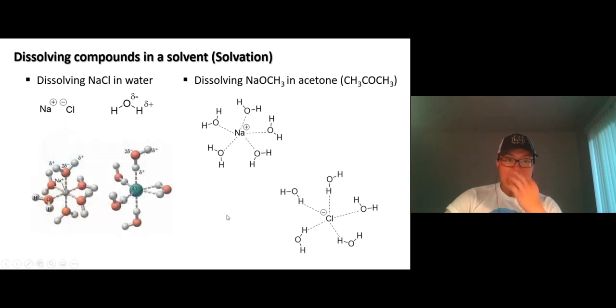All right. So in reality, you don't need to know this, I'm just showing you. I took a picture from Gen Chem 2. Each sodium ion is surrounded by 6 waters, looking like an octahedral structure. Same thing with chlorine: 1, 2, 3, 4, 5, 6 hydrogens surround the chlorine there.